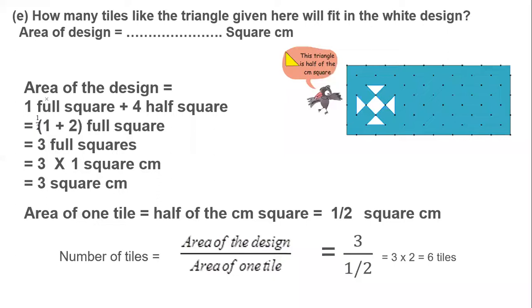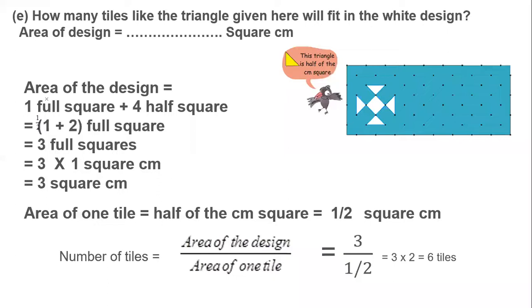When the square area is 1 unit, the triangle area will be half a unit. So dividing 3 by half, that is the solution I gave there. But instead of that, this is very easy. In the diagram, you can find 6 triangles. The total area of the design is 3 square units.